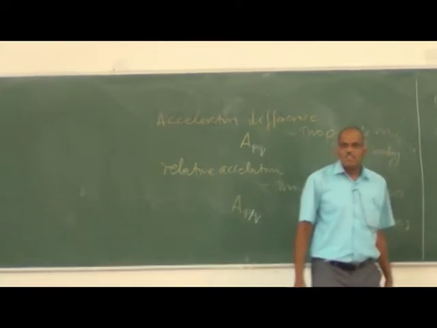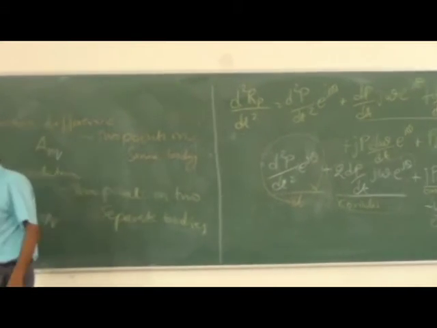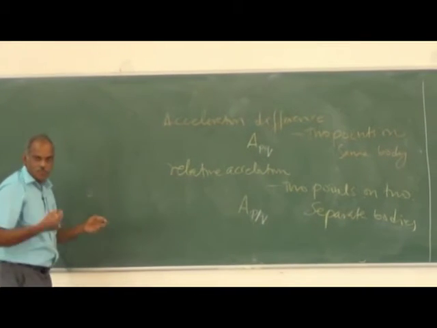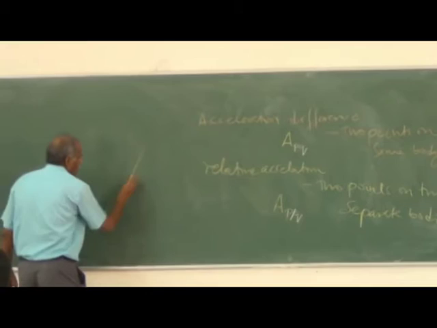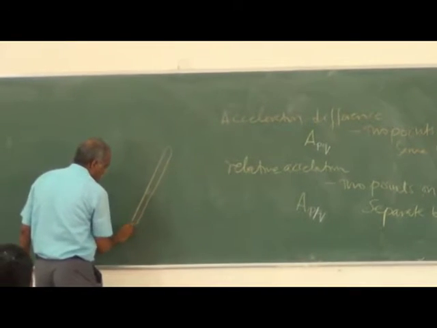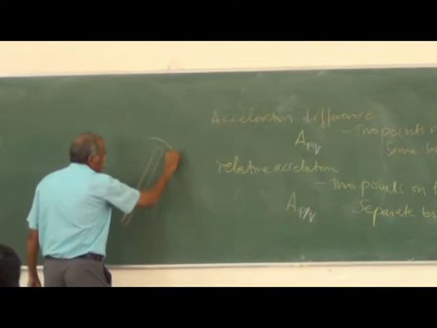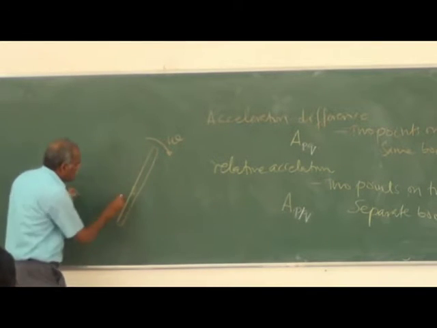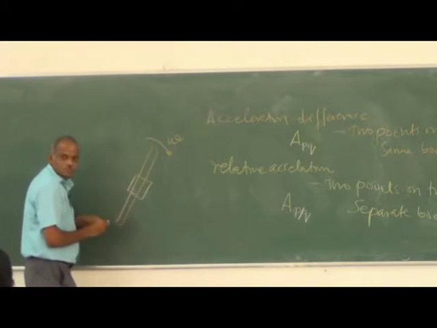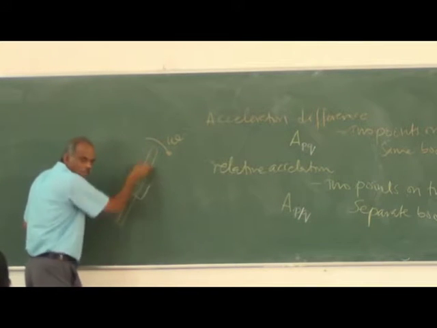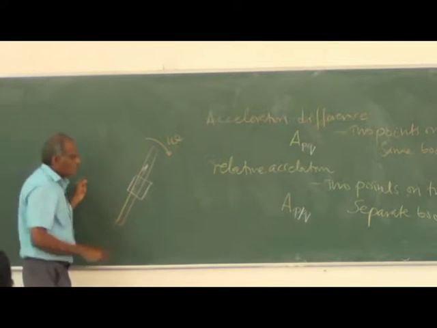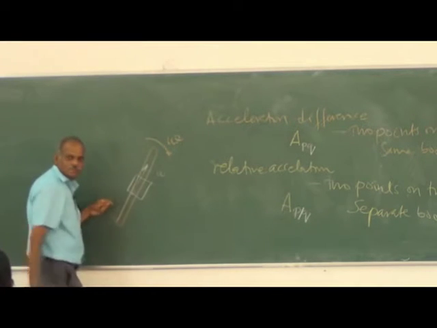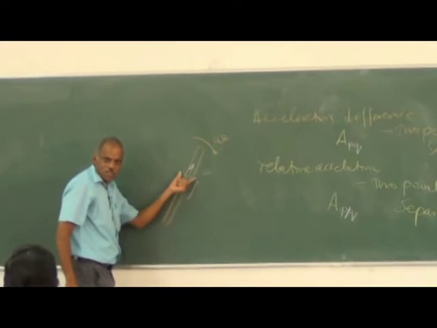This is the acceleration of a point or the slider which is moving. So if, instead of that point P, I take, for example, a link like this which is rotating at angular velocity omega, and there is a slider which is capable of moving on that link, and this is accelerating. This itself is not moving at a constant velocity.